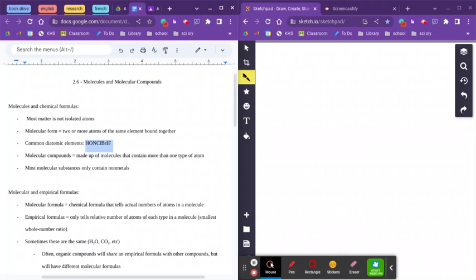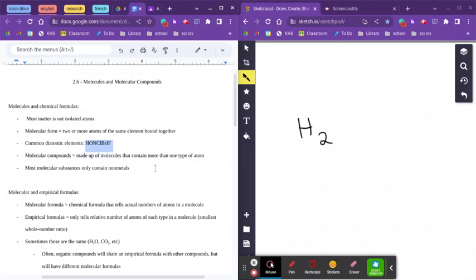The way you would write the formulas for these is like this. So that's H2, which is just molecular hydrogen, and then for oxygen, nitrogen, chlorine, bromine, iodine, and fluorine. So that's how you would write that.